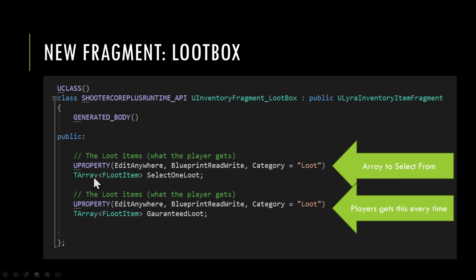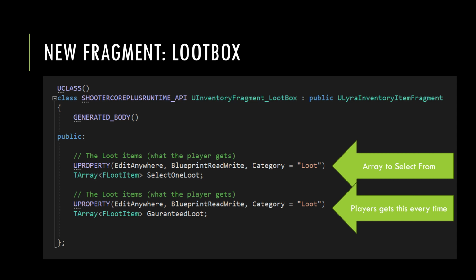We then have an array of those loot items for our selection and our guaranteed loot. I can have an array where I might put 3 items in this selection box, all with 100% probability, and force the player to pick one of those 3. Consequently, I must also have the guaranteed loot, which says you're going to get all of the items in the guaranteed loot.